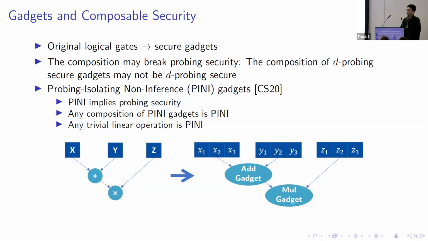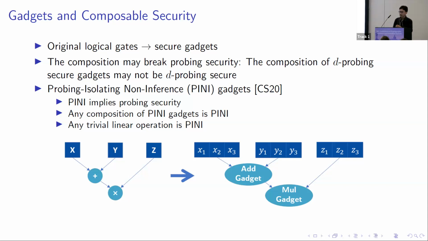Let me briefly introduce its idea. If a circuit with D+1 shares is entirely composed of share-wise gadgets, such as the XOR operation, then the whole circuit is split into D+1 shares that are not interconnected.